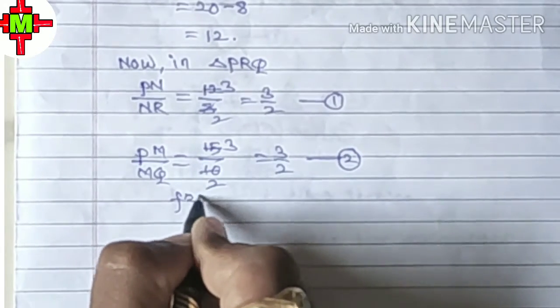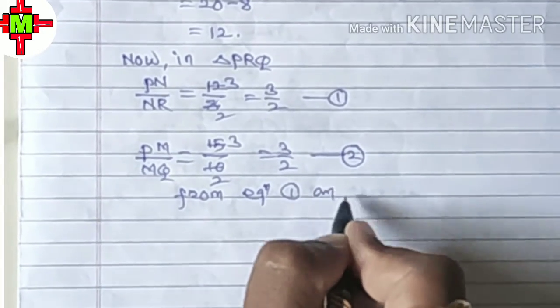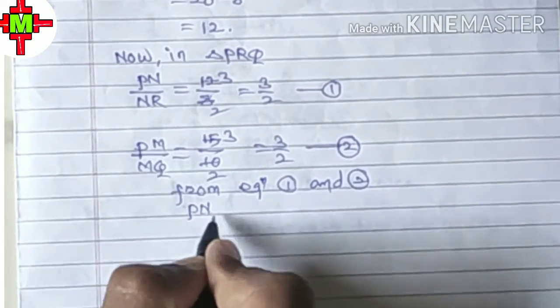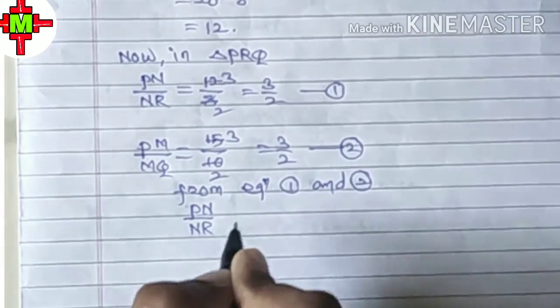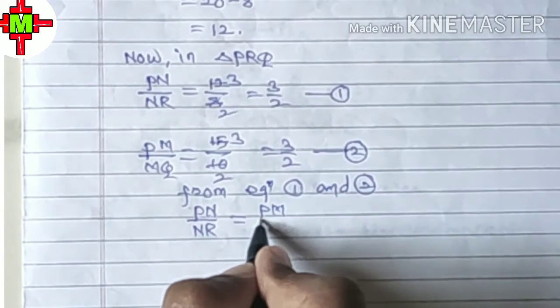From equation 1 and 2, PN divided by NR is equal to PM divided by MQ.